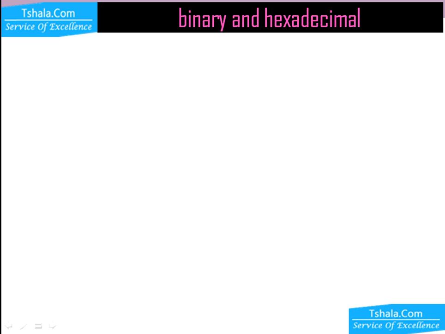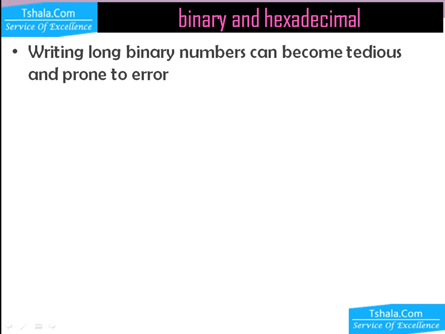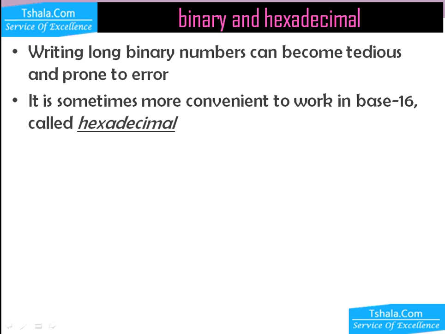Binary and hexadecimal numbers. Writing long binary can sometimes be really demanding, and often it will actually lead to error. There's a high probability of having errors when working with long binary numbers. Now, it's actually more convenient sometimes to work with a system which is base 16.